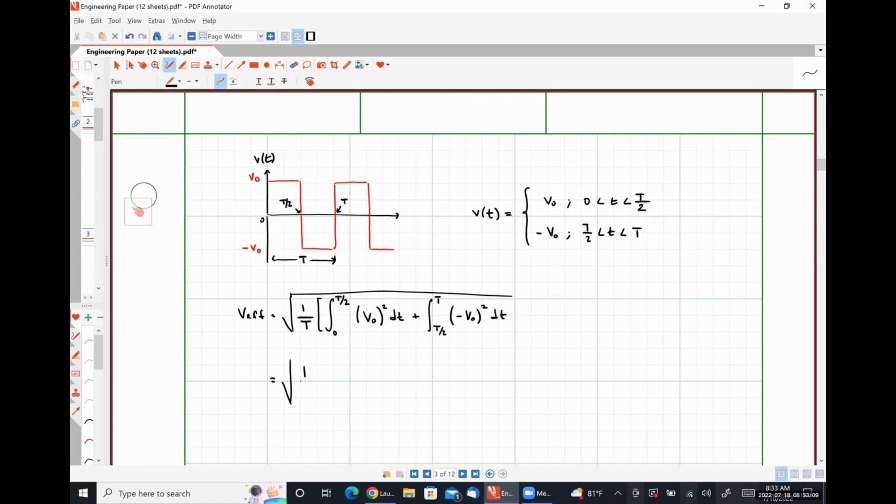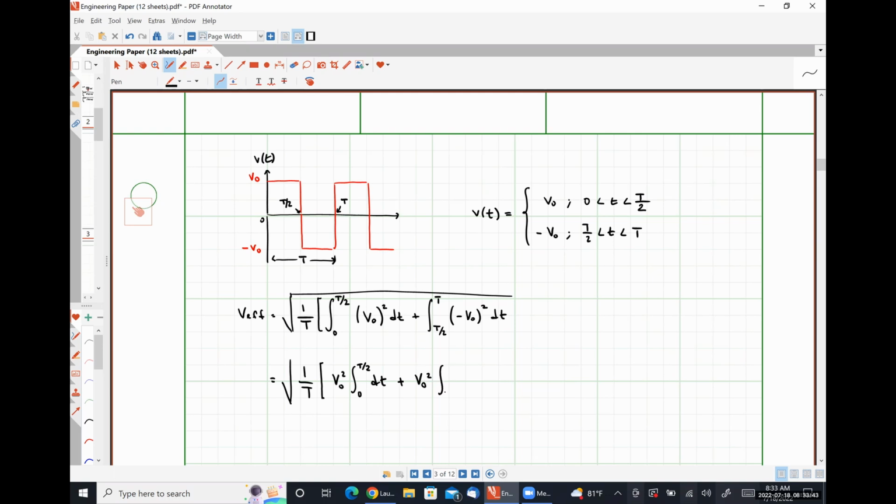So I'll have my 1 over T. V naught squared is actually just a constant. So I'm going to have V naught squared times the integral from 0 to, excuse me, to T over 2 of dt plus, and now I have negative V naught squared, which is the same as positive V naught squared, which is a constant, so I can pull that outside.